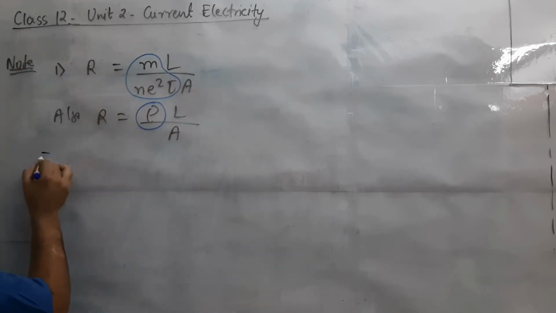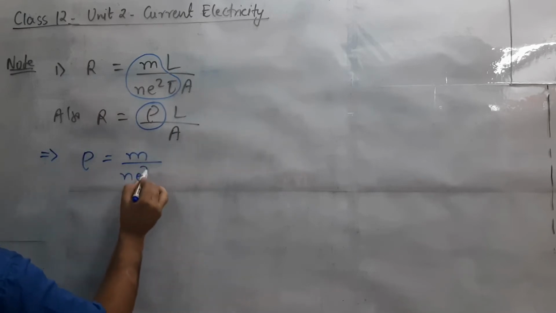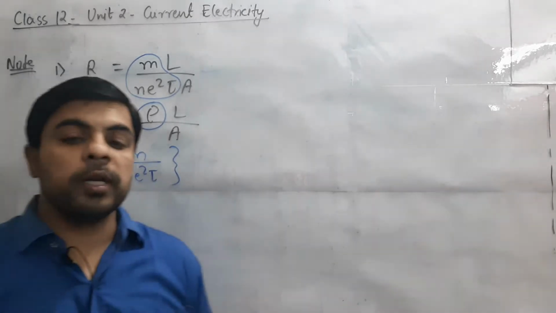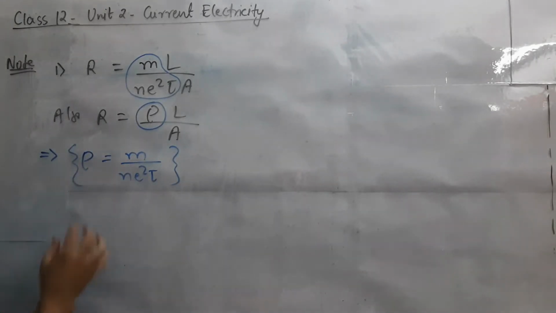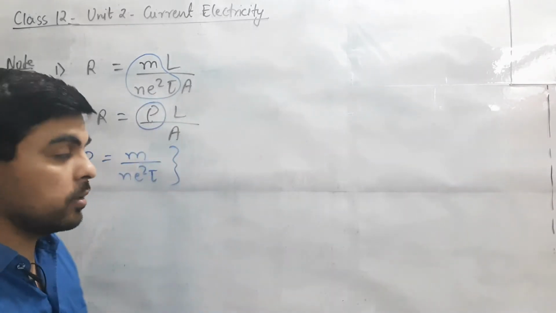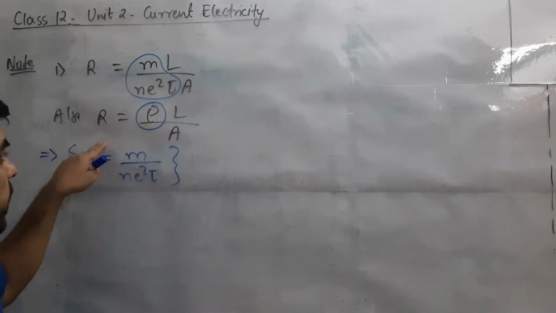So this will give the exact form of resistivity, m upon n e squared tau, which clearly indicates that no dependency on length and cross section area is there in the relationship. So from this relationship we can say that the resistivity is independent of length and area. Someone can say that rho equals R into A upon L.